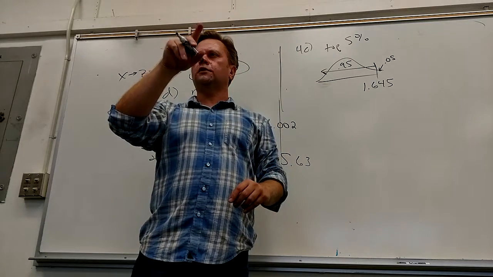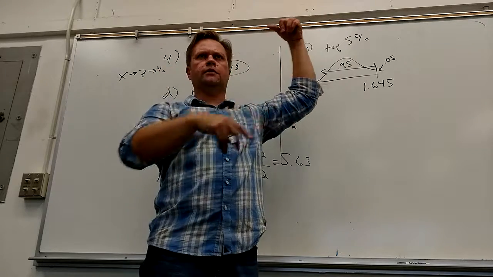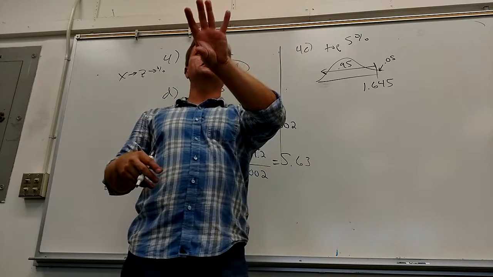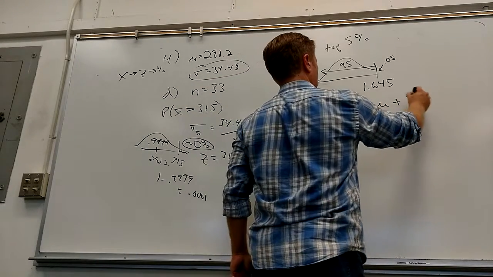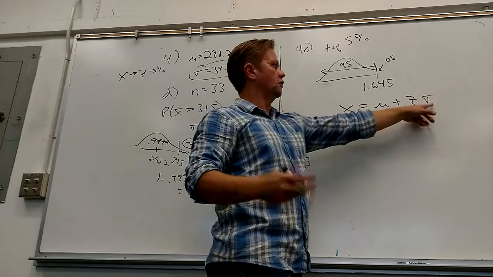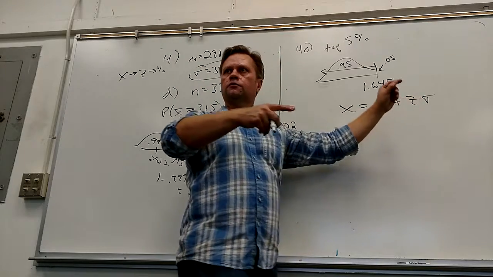And what formula do I use now to make it back into a test score? This is all about these test scores. I use the z-score formula, but you just use it solved for x, right? Because I know the mean, I know the standard deviation, and I just figured out how many steps I want to be away.